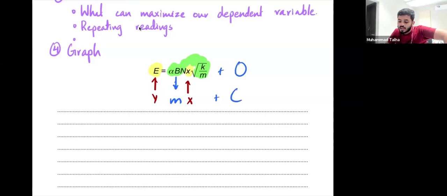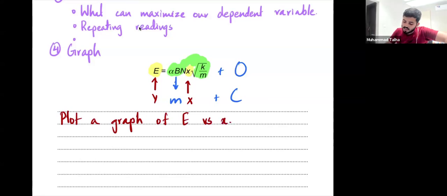So what I'll say here is plot a graph of E versus X, and then you should see a straight line.